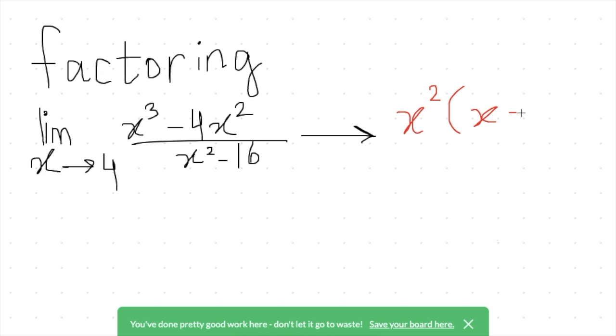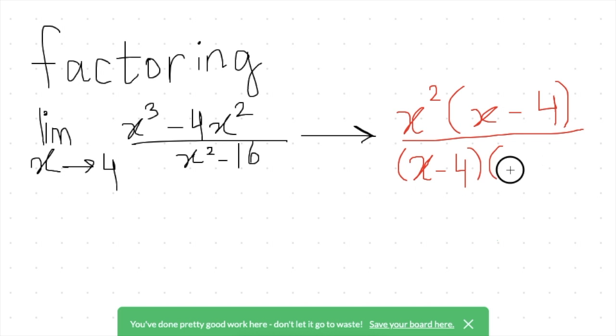Just pure guess, just factoring out the biggest value that I can from the top and bottom. x minus 4, and x squared minus 16 is a difference of squares, which is not covered in this video. But the way you would factor it is x minus 4 and x plus 4. So the bottom was factored using a difference of squares. The top is just common factoring. Now these will be able to cancel out.